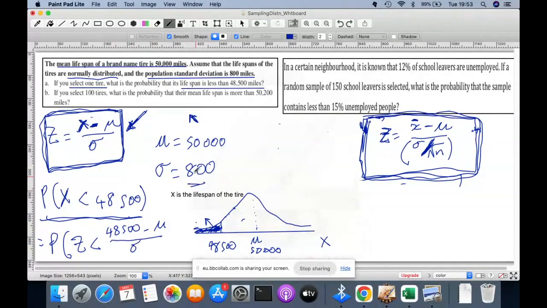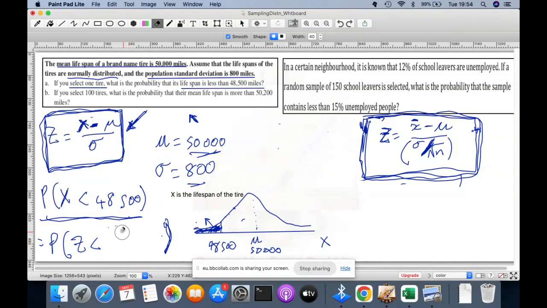If you plug in sigma, which is 800, and mu, which is 50,000, you'll get a value of, I think, minus 1.88.